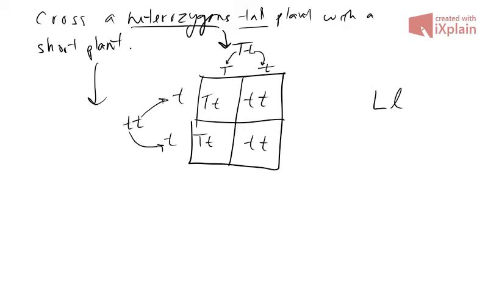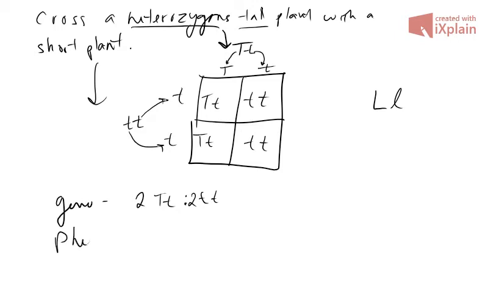Now, to get the genotypic ratio for this problem, the genotypes are the combination of alleles. So we have 2 big T, little t, to 2 little t, little t. Oh, I should put 2 in there. So that's the genotypic ratio.